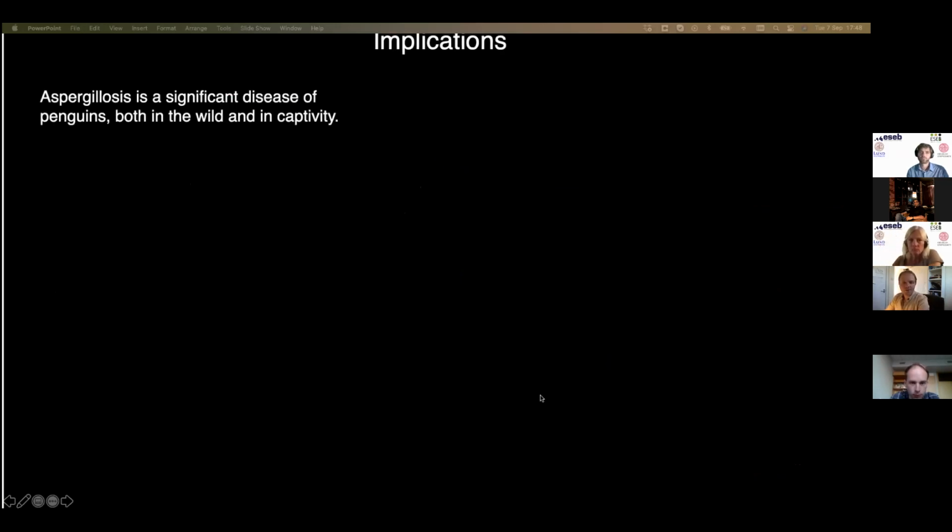So what does the loss of TLR15 mean in practical terms for penguins? Well, in my functional work, you may remember I talked about Aspergillus lysate, and Aspergillus is a pathogen of significant concern in penguins. It causes aspergillosis, which is obviously a fungal disease that affects the lungs.